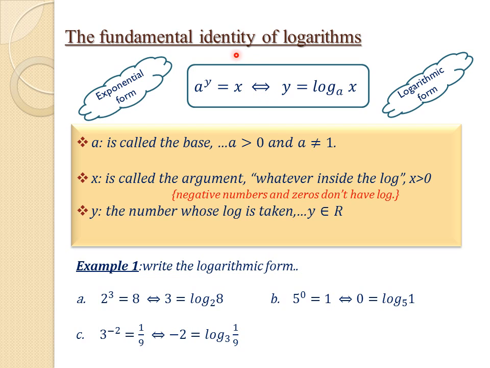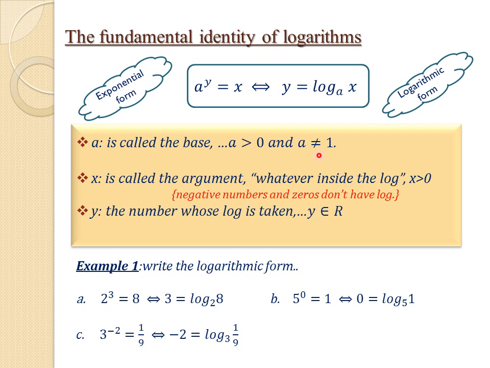Now, the fundamental identity is this one. This part is called exponential form, and the equivalent part is called the logarithmic form. In both cases, we have a, we have x, and we have y. So what are they? a is called the base. a is greater than 0, and it must not be equal to 1.